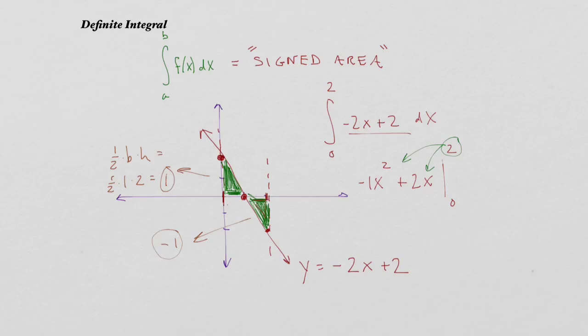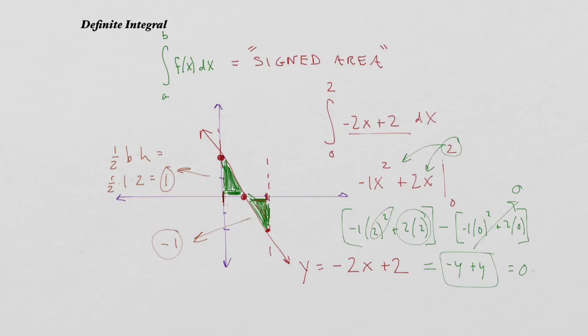Again, we're going to talk more about this, but just as a sneak peek here, I can plug 2 in, and then I can plug 0 in. And this is going to equal 4 times negative 1, which is negative 4, plus 4. And all of this goes to 0, and negative 4 plus 4 is equal to 0. It works out. My point is proven that the area underneath the curve of this straight line between 0 and 2 is 0.